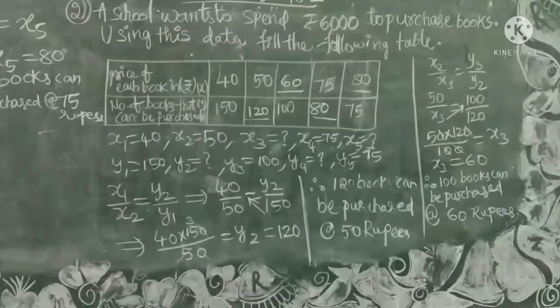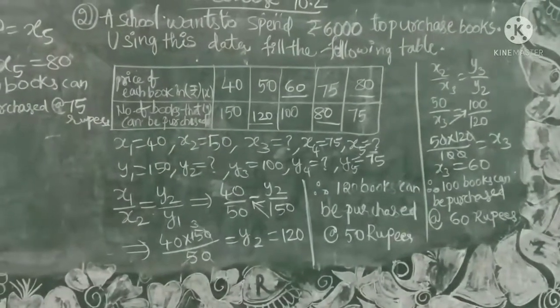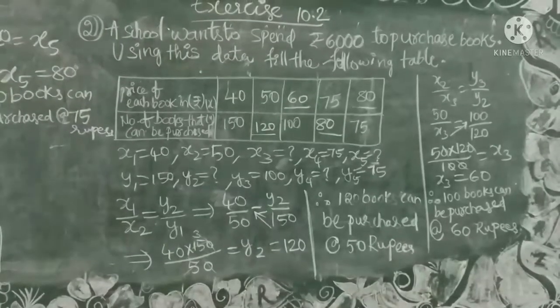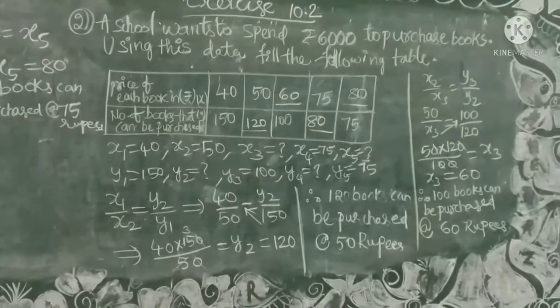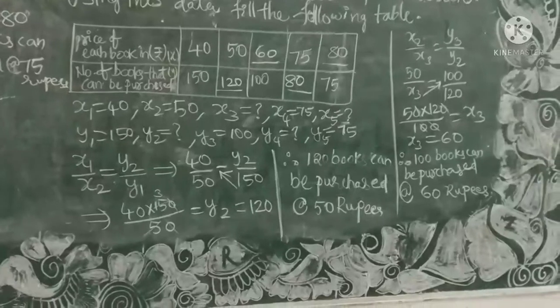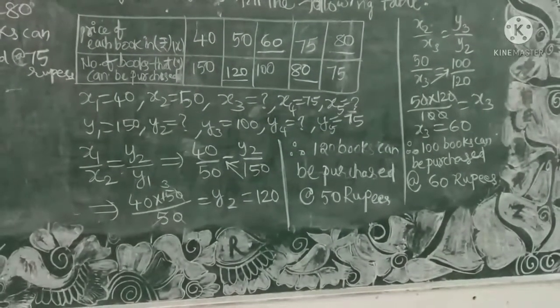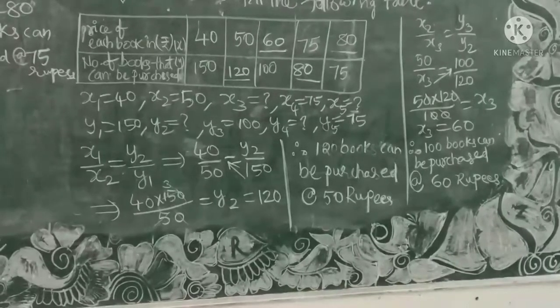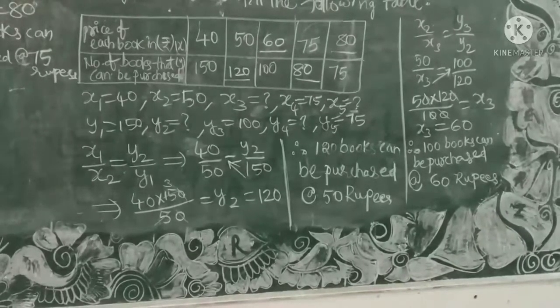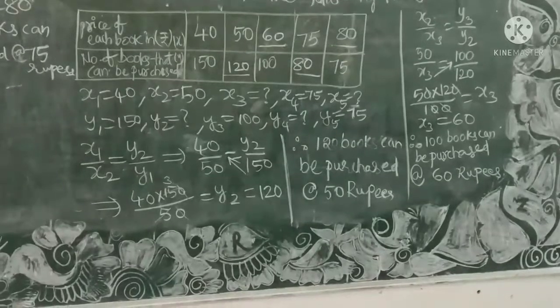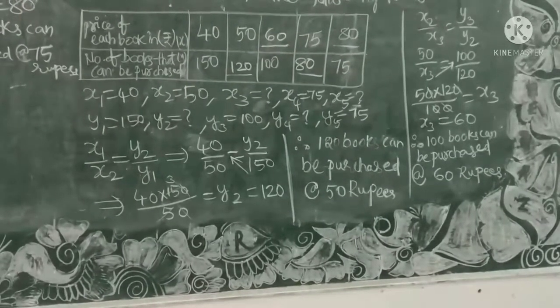We have denoted price of the book as x and number of books that can be purchased as y. So here we have written x1, x2, x3, x4, x5. As x3 and x5 are not given, we kept question marks. For y1, y3, y5 we are given values, so for y2 and y4 we kept question marks.